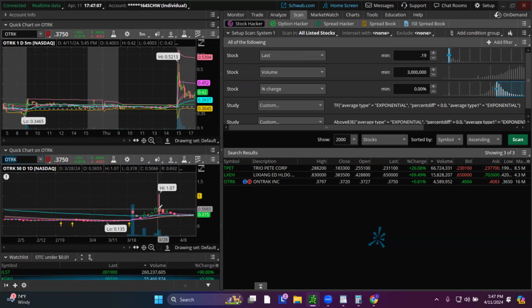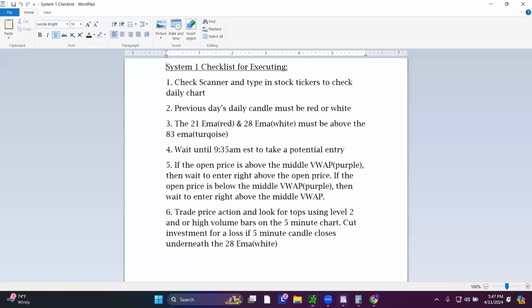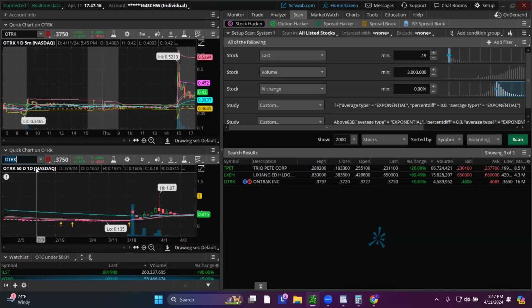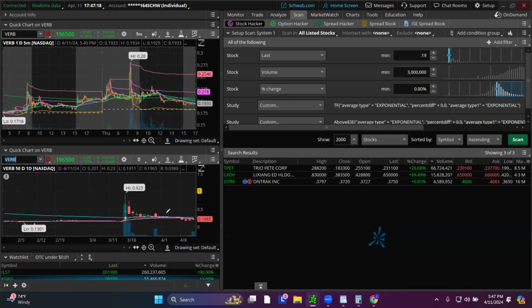And then it pushed up and sold off. But yeah, simple checklist, simple to execute. Another one that was above, again, this completely fits the checklist.